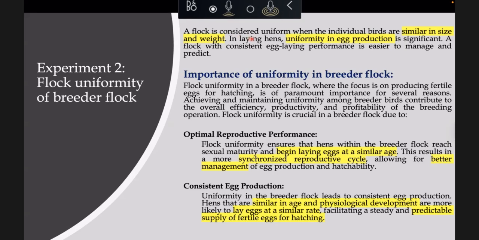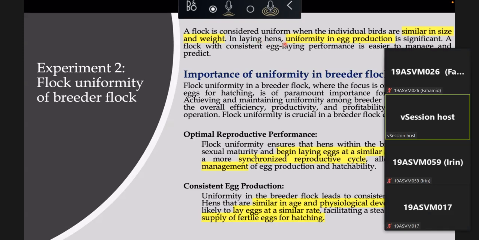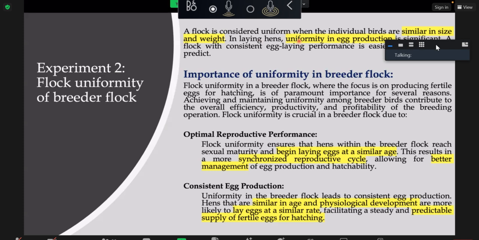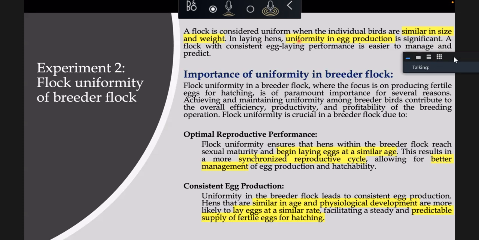And if we consider laying hens, here meaning the breeder layers, uniformity in egg production is significant because it will determine the productivity of chicks from our eggs. So if the eggs are uniform, then there is a greater chance of getting uniform chicks, and the demand for uniform chicks is greater in the market. So that has economic importance as well.